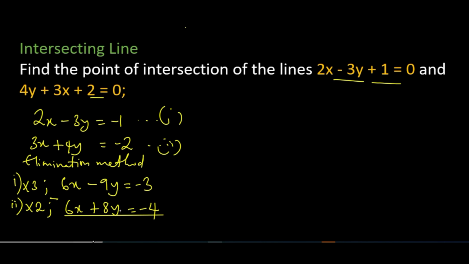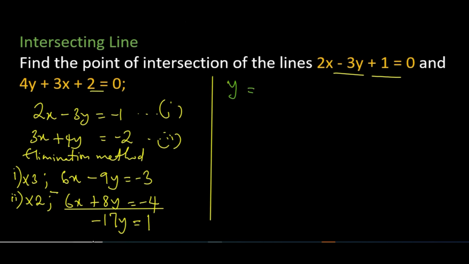So we now have minus 9y minus 8y, which gives you minus 17y is equals to minus 3 minus minus 4. Don't forget we are subtracting equation 2 from equation 1. Minus 3 minus minus 4 will give us 1. So y is equals to minus 1 over 17.